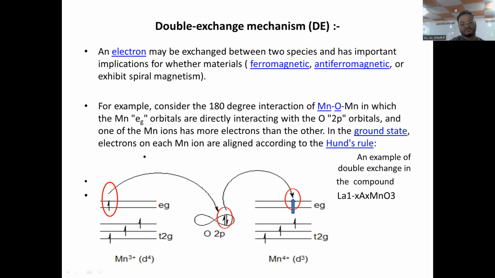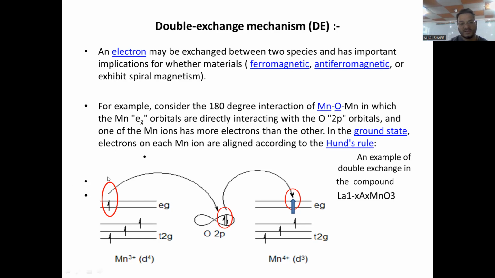Because of that, here 3 plus, here 4 plus. This electron will travel to another manganese to change its ion number, but using the oxygen like the next station, and after that keep going to complete its trip.